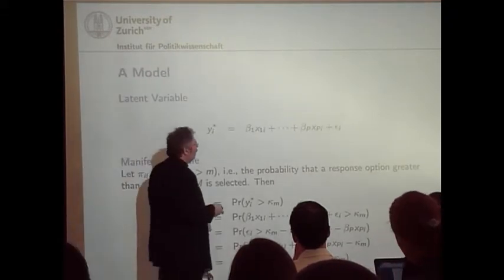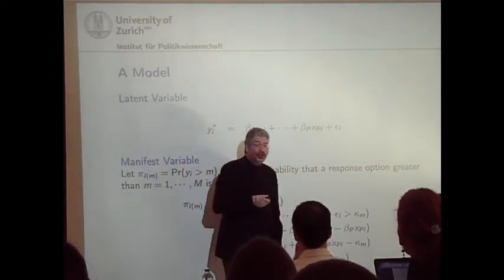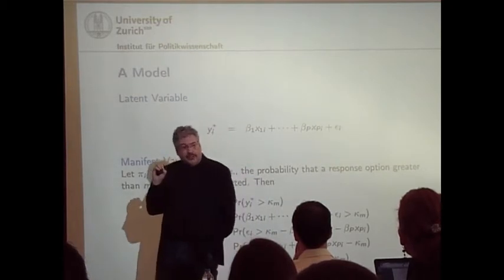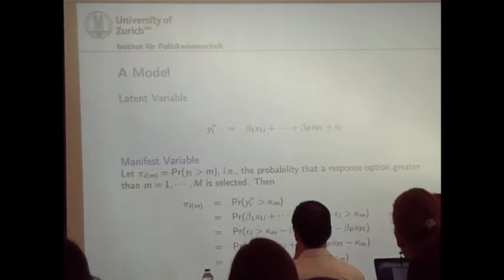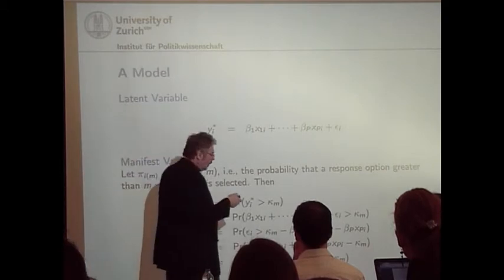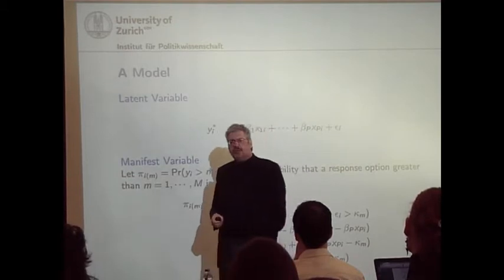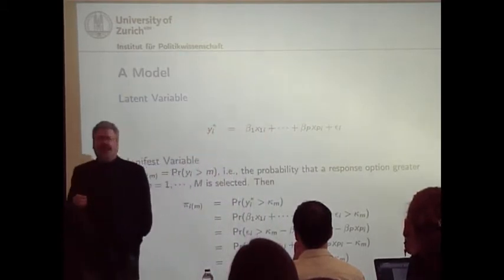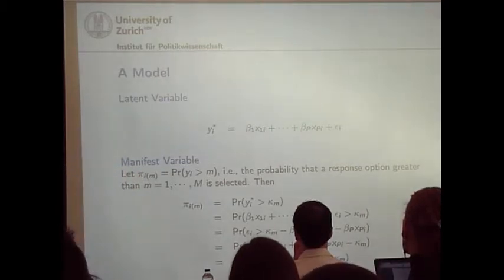Again, if you pick the standard logistic distribution for this epsilon, you are fixing the mean of the epsilon to 0. That's what you would do in a hierarchical linear model as well. But different from a hierarchical linear model, you're also fixing the variance of this epsilon. There is no sigma squared that you're going to be estimating, because that sigma squared is fixed to the variance of the standard logistic distribution, which happens to be pi squared over 3.